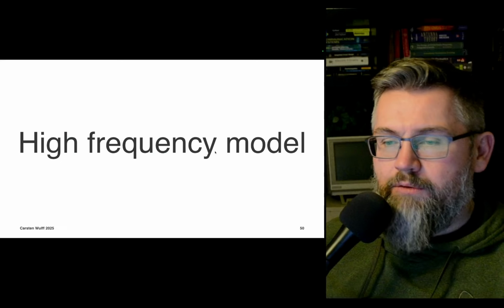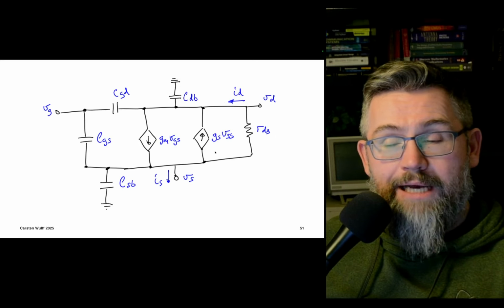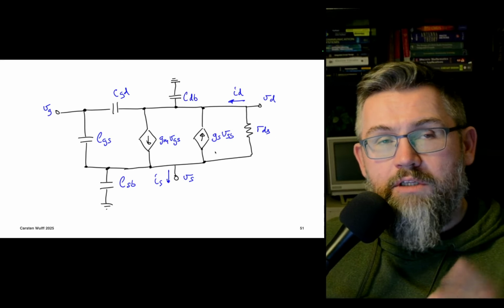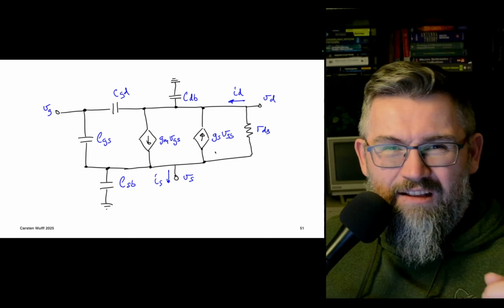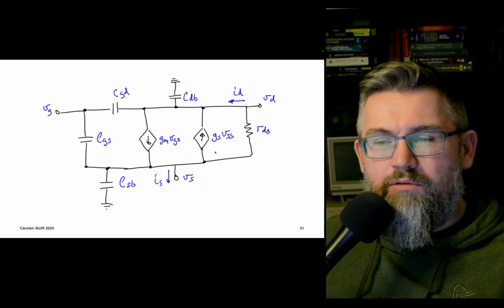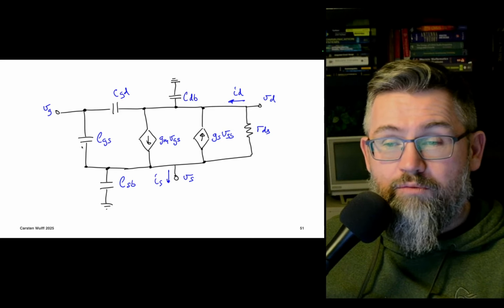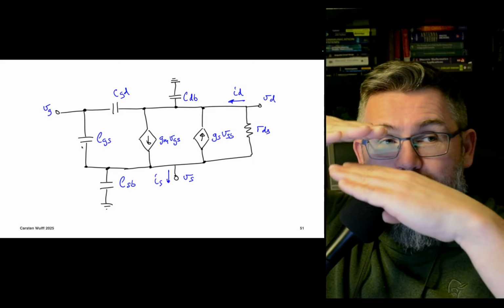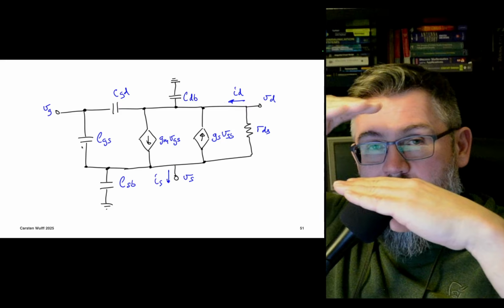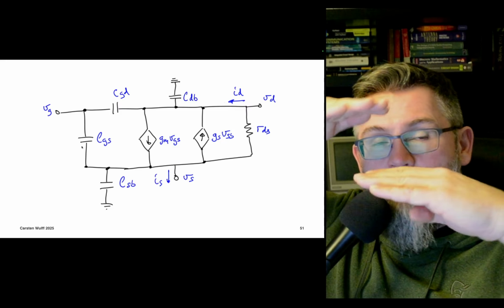For high frequency we need to include capacitors. The distances between the gate and the source and the drain and so on are not that big, so there are these capacitors. There's the gate source capacitance, because we have this very, very thin oxide between the gate and the bulk, and that's going to give us the CGS.